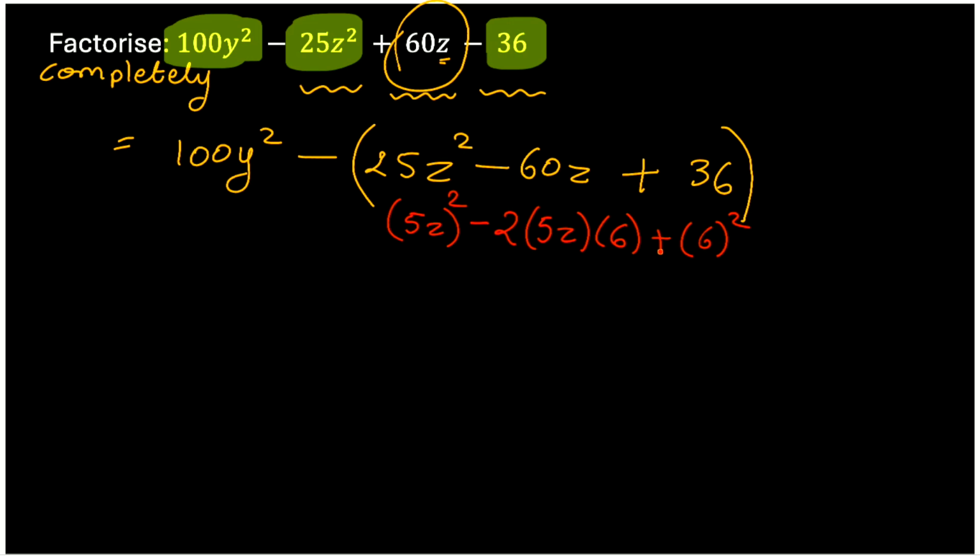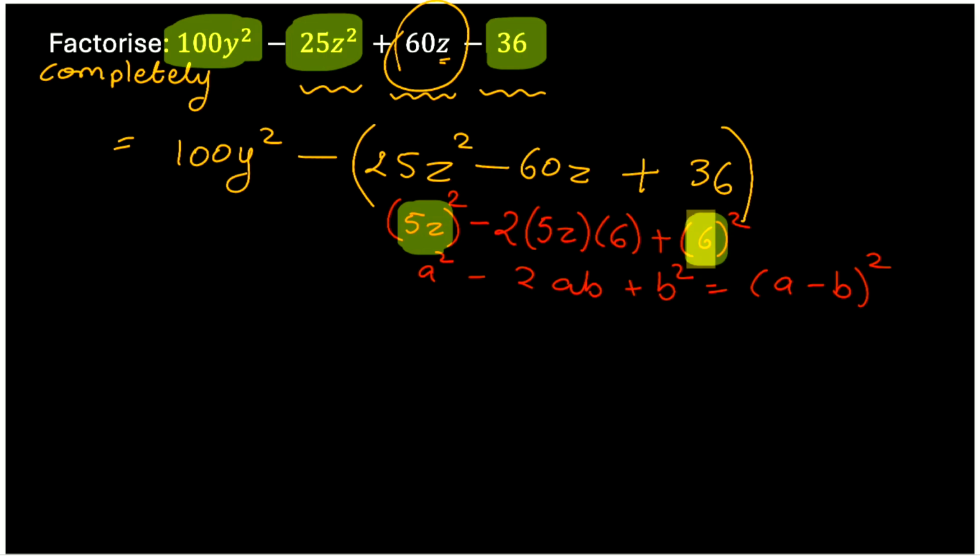So which identity is this? A minus b whole square, where a is 5z and b is 6. So 5z minus 6 whole square.